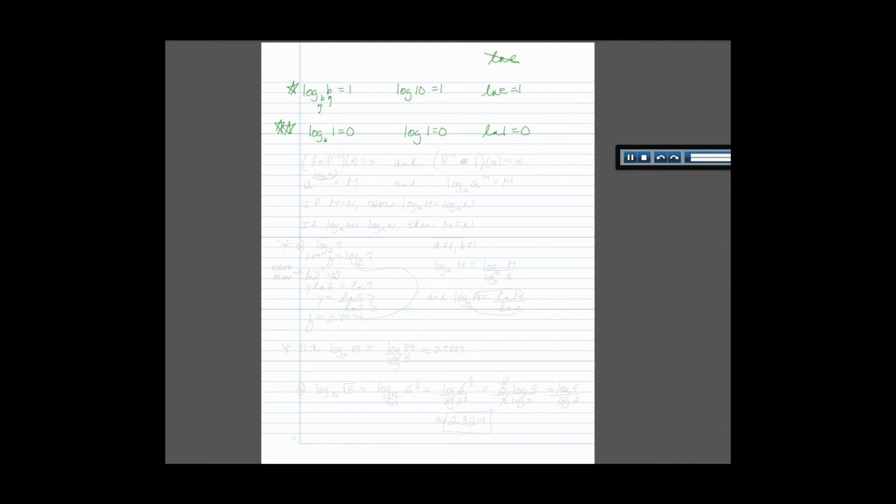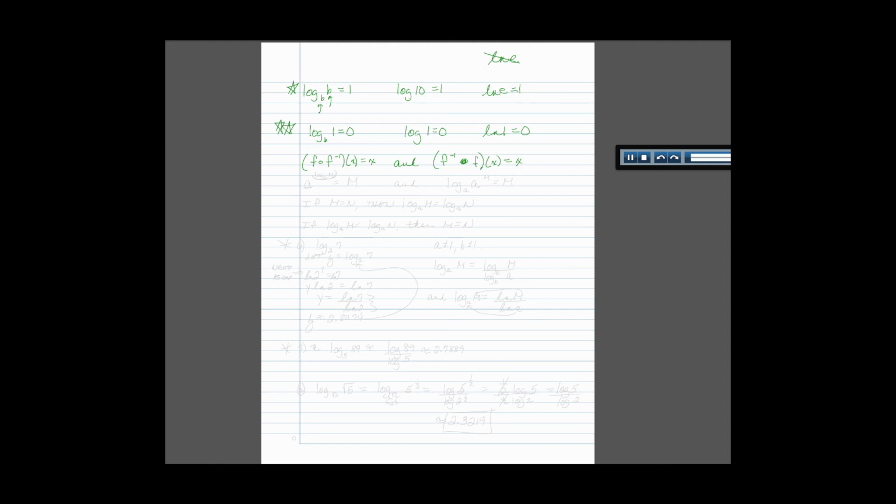Alright, let's look at some inverse function properties on the next page. It says recall: f of f to the negative 1 of x is equal to x, and f to the negative 1 of f of x equals x.